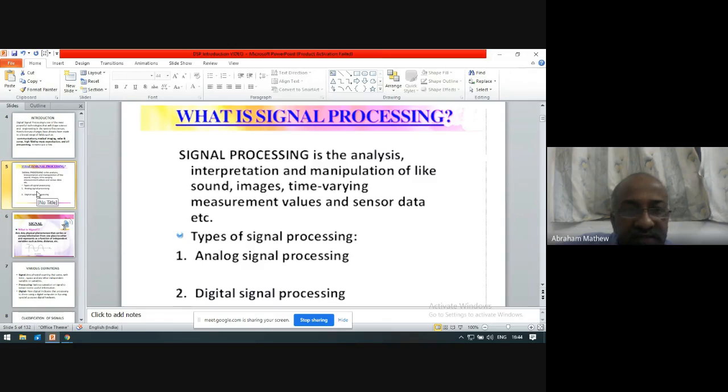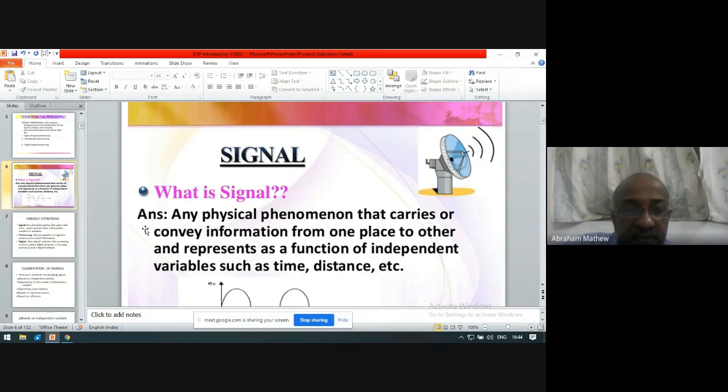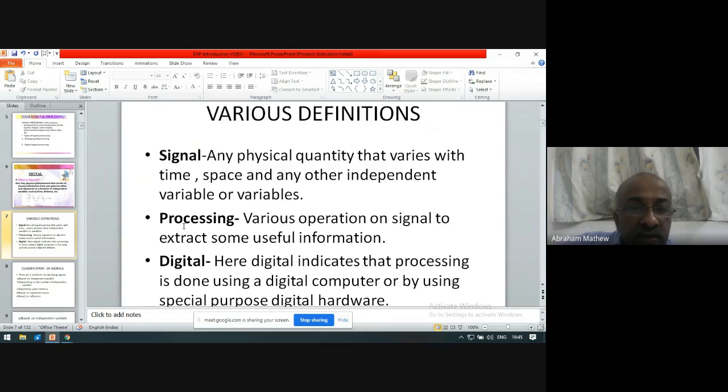Then, what is a digital signal? What is analog signal? Signal, how we can define? Any physical quantity that varies with time and carries some information, we can say as signal. Then what is processing?